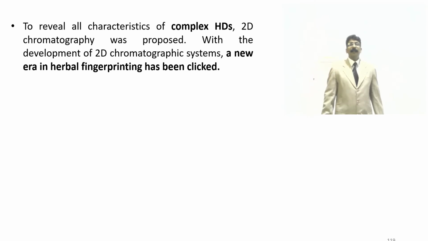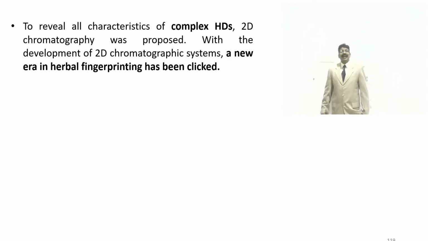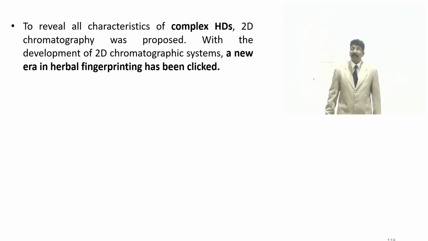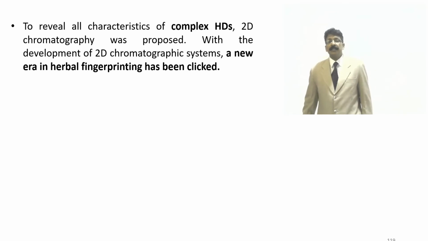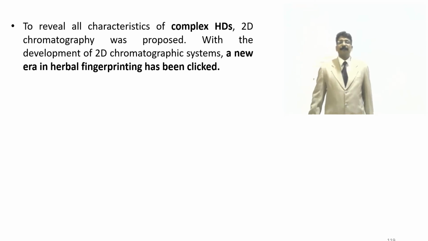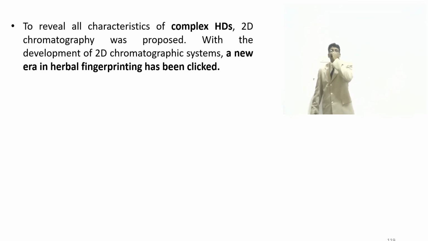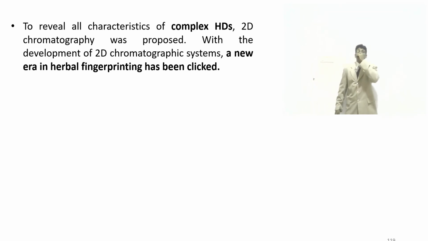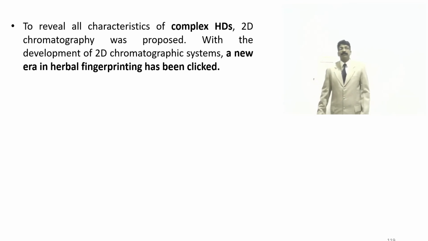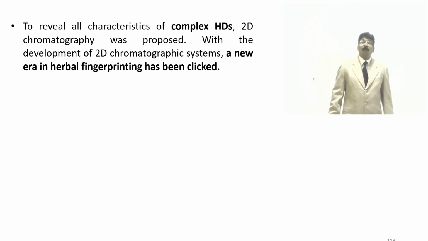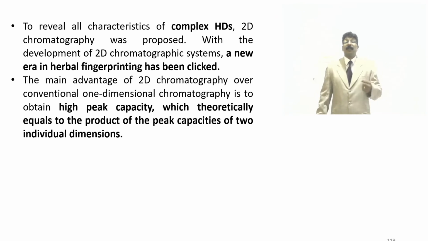To reveal all characters of complex samples, high performance, high definition 2D chromatography was proposed. With the development of 2D chromatography technique, a new era of herbal fingerprinting has begun.